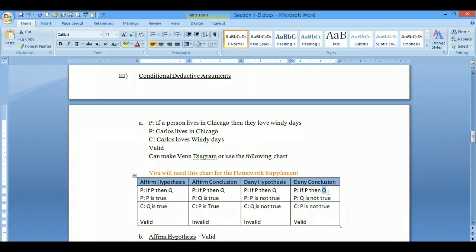So there are 2 different types of conclusions here. So this first denying the conclusion is talking about the conditional statement. The next premise, Q is not true. I'm denying the conditional conclusion, and the argument's conclusion comes to P is not true. This is a valid statement, or a valid argument.